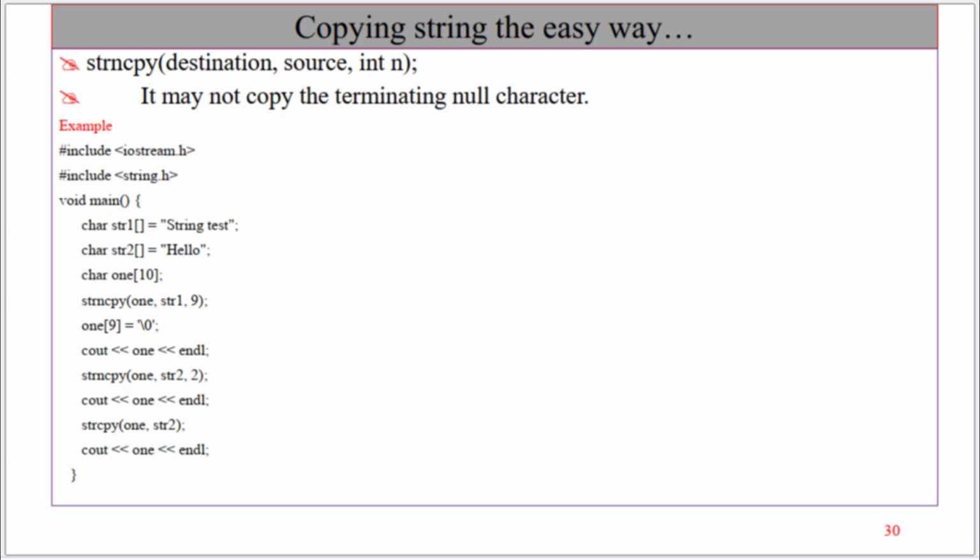Example: #include <iostream.h> #include <string.h> void main() { char str1[] = "string test", str2[] = "hello", str3[10]; strncpy(str1, str1, 9); str1[9] = '\0'; cout << str1 << endl; strncpy(str1, str2, 2); cout << str1 << endl; strcpy(str1, str2); cout << str1 << endl; } 30.